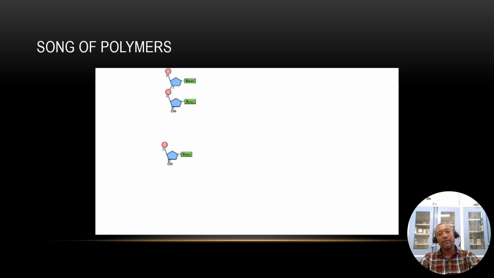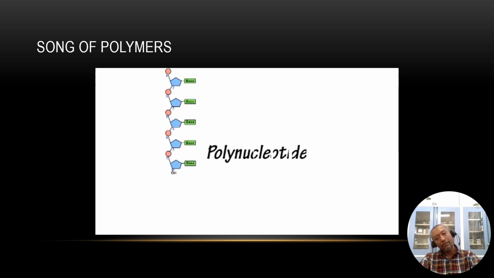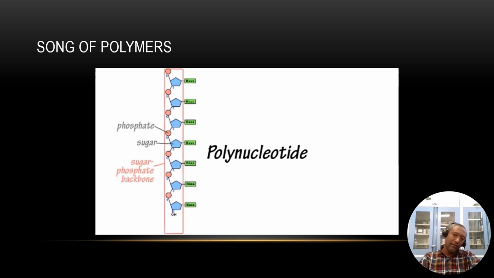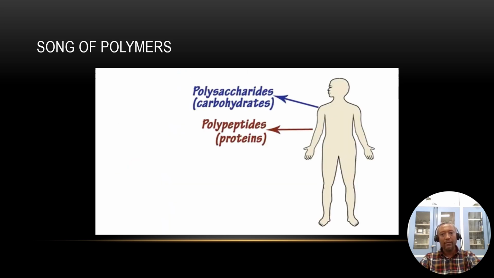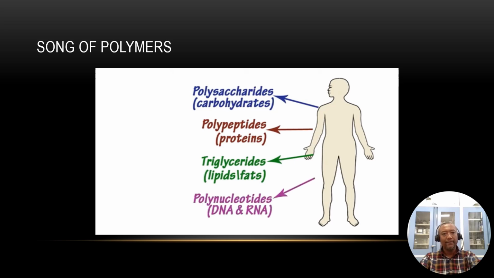Polymers that we know as polynucleotides have a sugar phosphate backbone with bases off to the side. Polysaccharides, polypeptides, triglycerides, and don't forget polynucleotides.